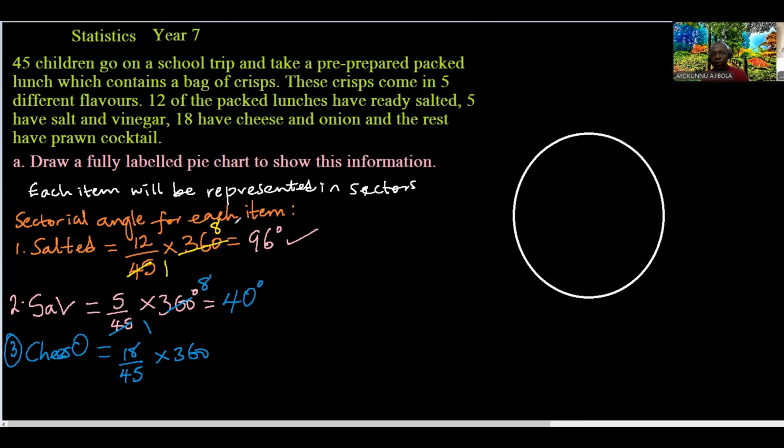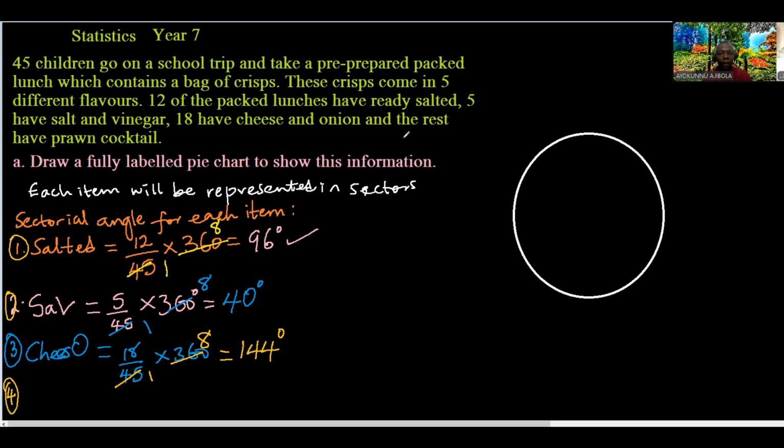So again, we divide and say 45 into 1, 45 into 8. Then what is 18 times 8? That is 10 times 8 is 80, and 8 times 8 is 64. So 18 times 8 will be 144. That is 144 degrees. Remain one more angle to calculate because these are just 4 items now, not 5.